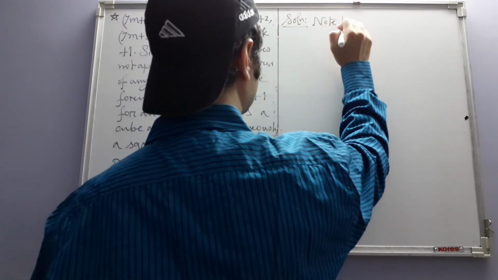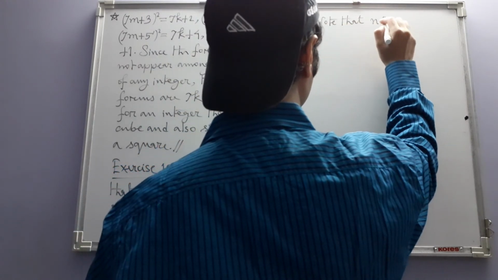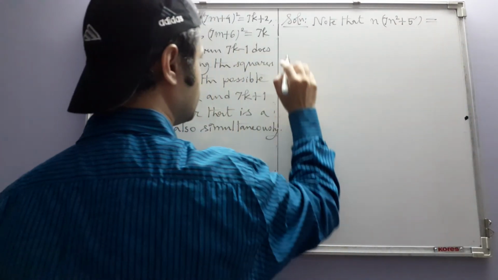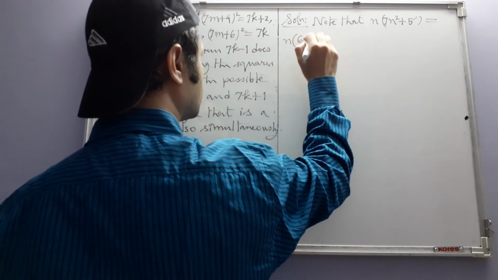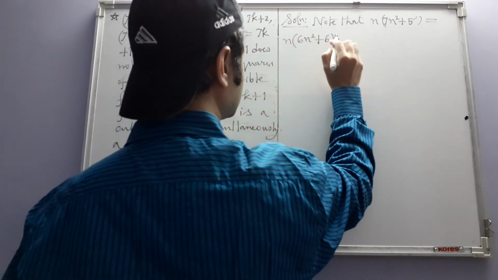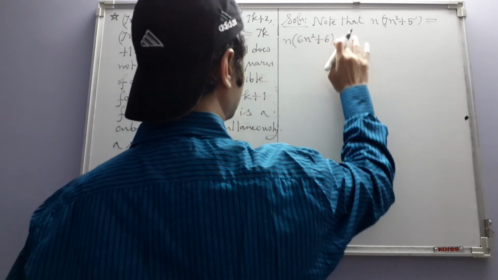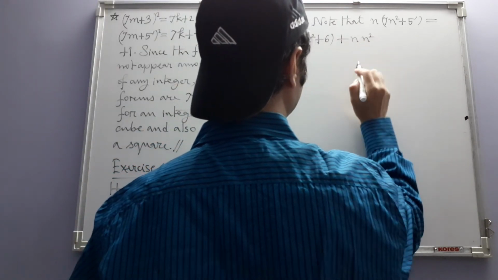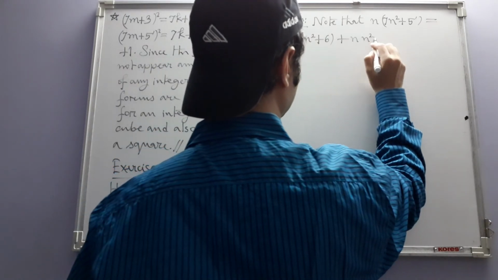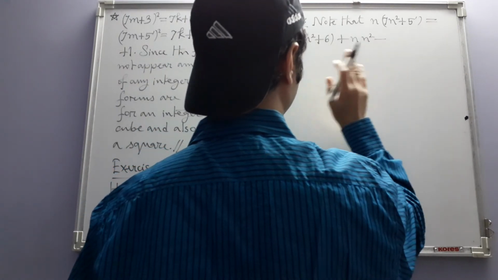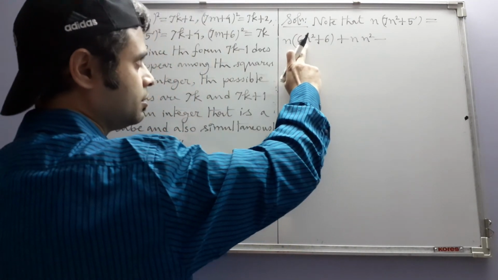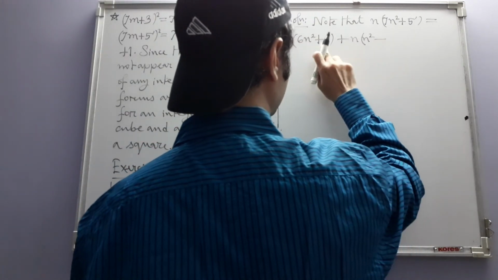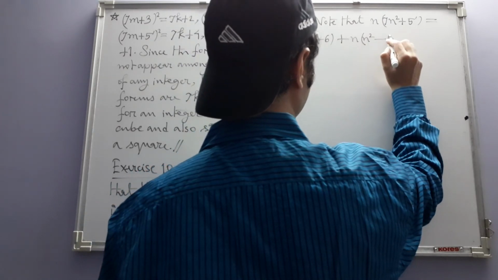Note that n times 7n square plus 5 is equal to n times 6n square plus 6 plus, so we have one less n cube here that we have added and one more n here that we have subtracted.